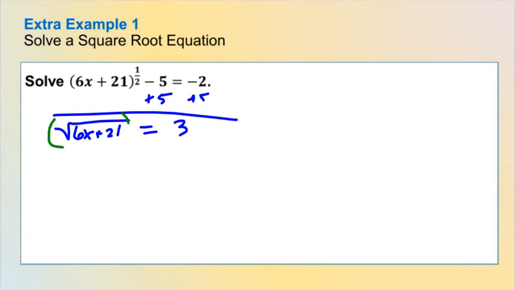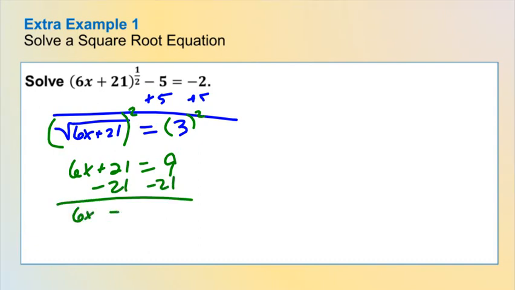To undo a square root, you square both sides. And I have 6x plus 21 equals 9. Subtract 21, and now I have 6x equaling negative 12. Divide by 6, x would equal negative 2.